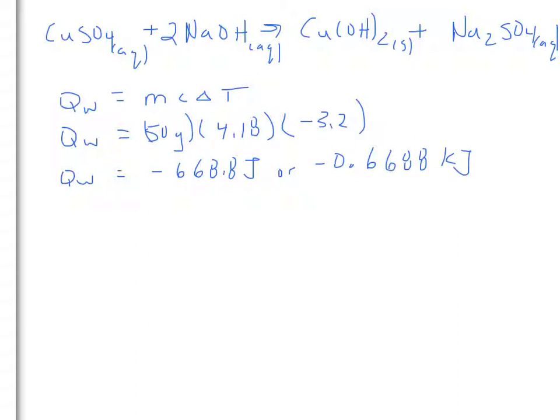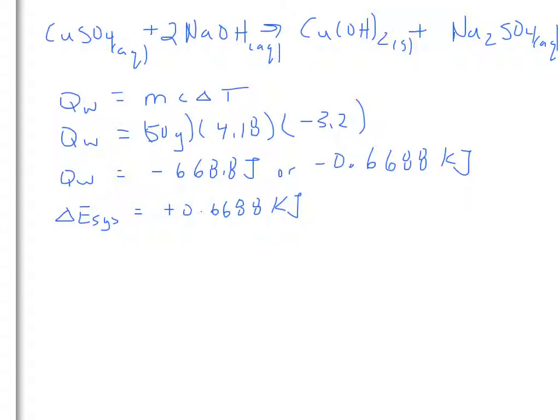Now, to find the energy change of the system, all I have to do is flip the sign. Whatever energy the water lost, my chemicals gained. That follows the law of conservation of energy.